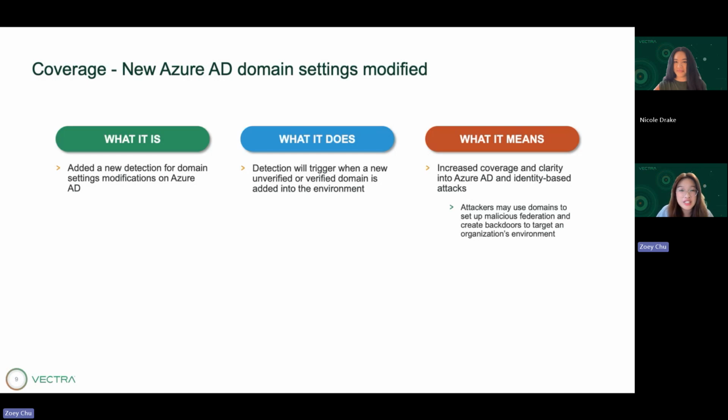A detection will trigger when a new unverified or even verified domain is added into the environment. This is really important to alert on because attackers use these domains to set up malicious federation and create backdoors to target your environment. What this means for you is increased coverage and clarity for Azure AD and identity-based attacks, such as the last detection as well.